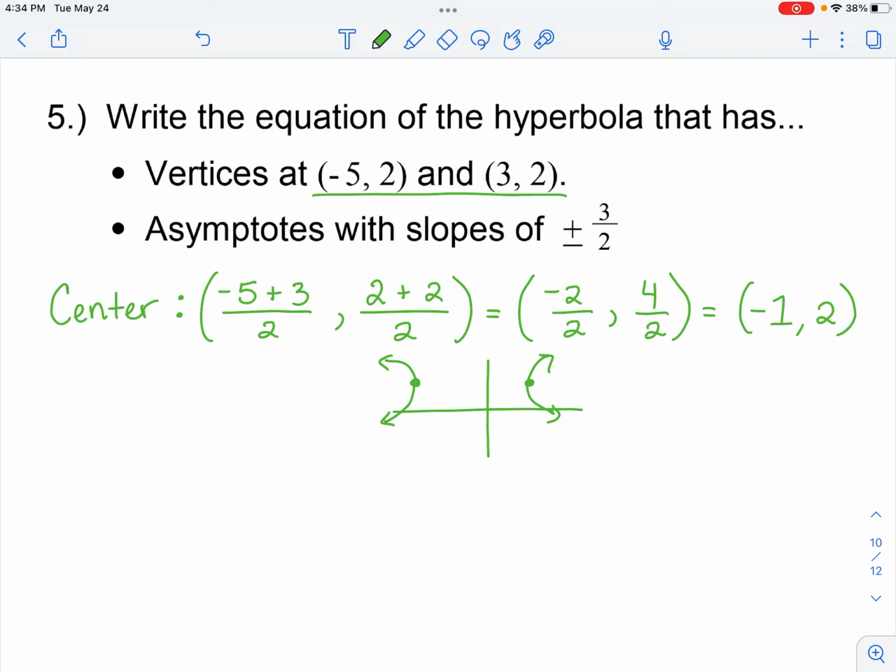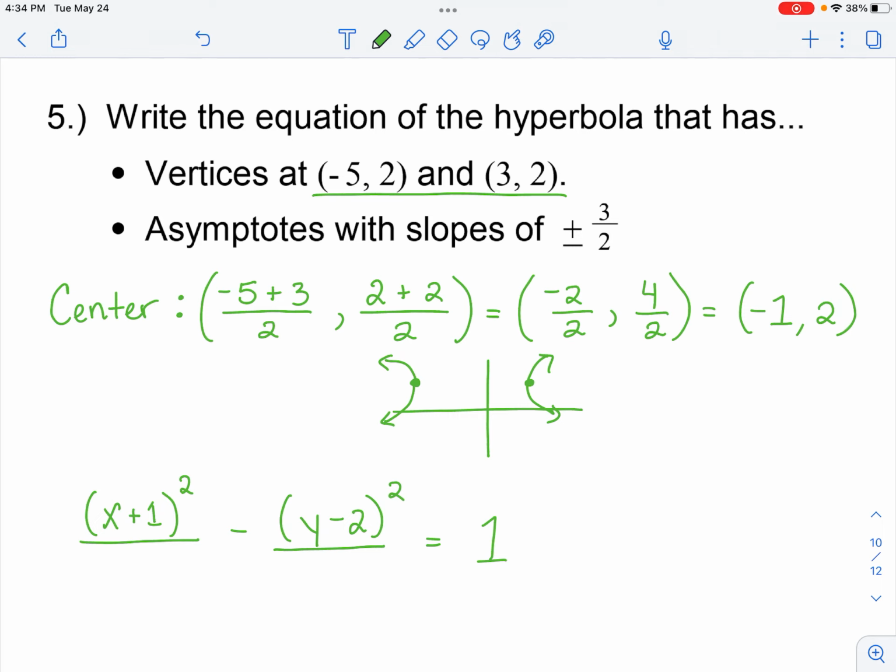So I have a horizontal transverse axis. That means when I go to write it, I'm going to have the x part first. x minus negative 1 is x plus 1 squared over, and then minus, the y will come second, y minus 2 squared over. And I know it has to equal 1.